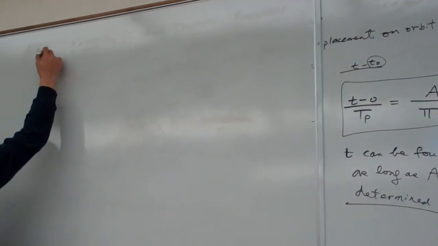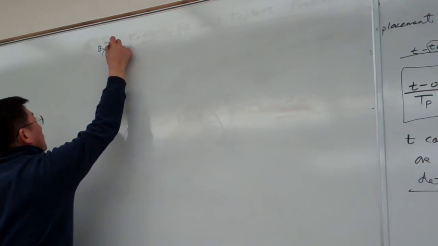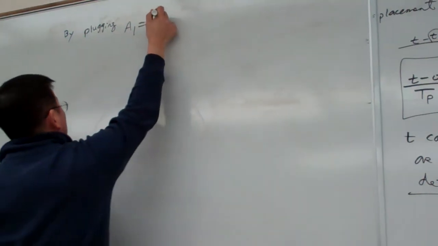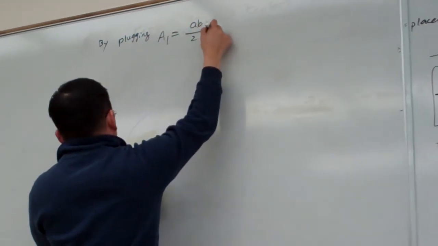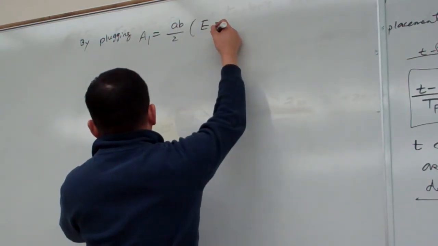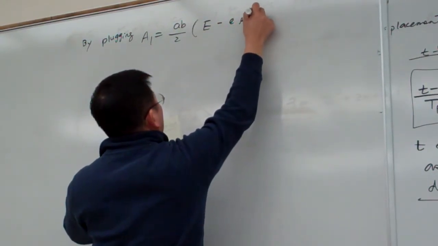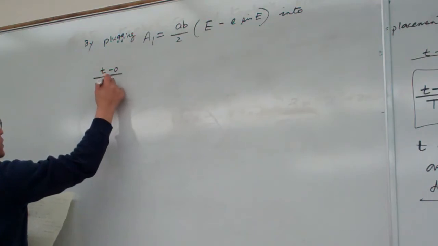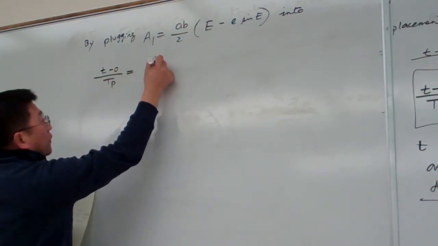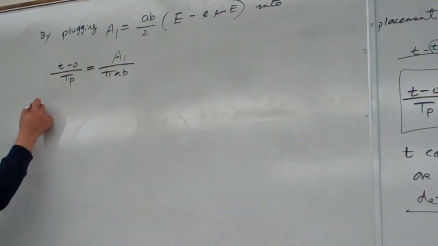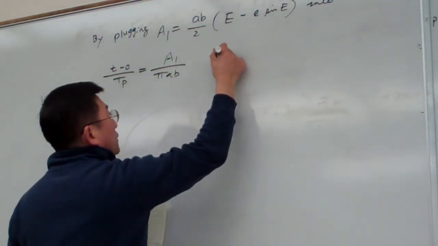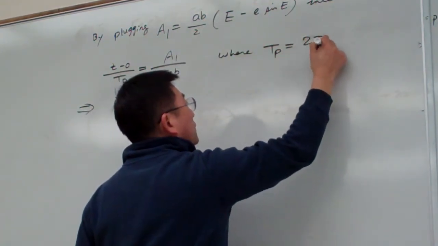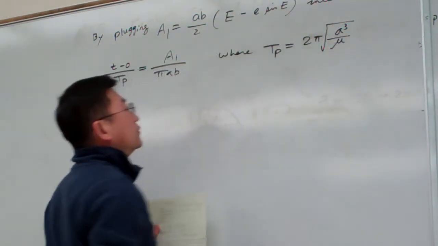So by plugging into that equation, T minus 0 divided by Tp equals A1 over pi ab. And here, Tp equals our period, 2 pi square root of a cubed over mu. Okay.